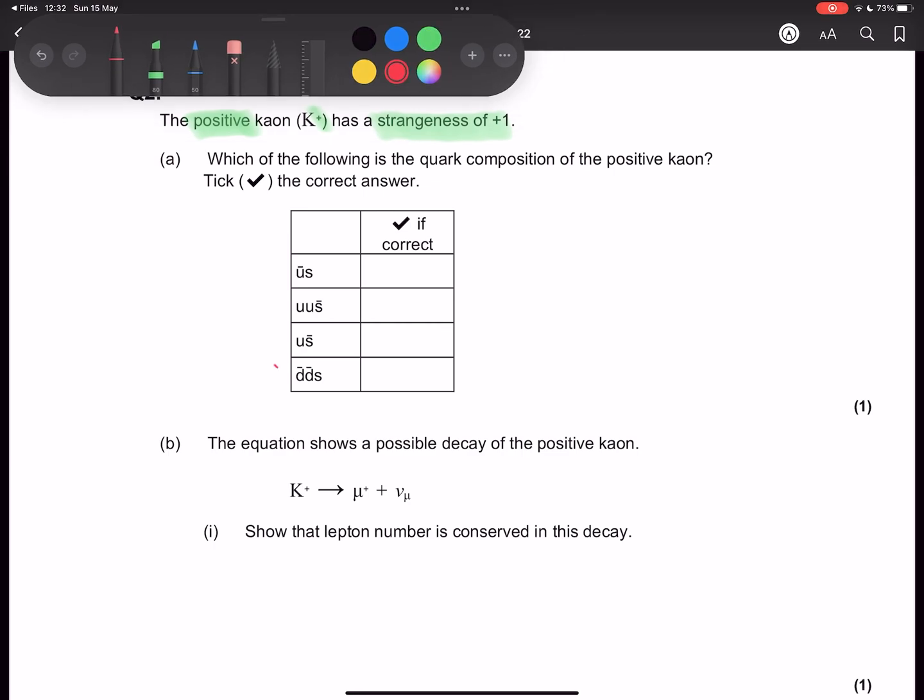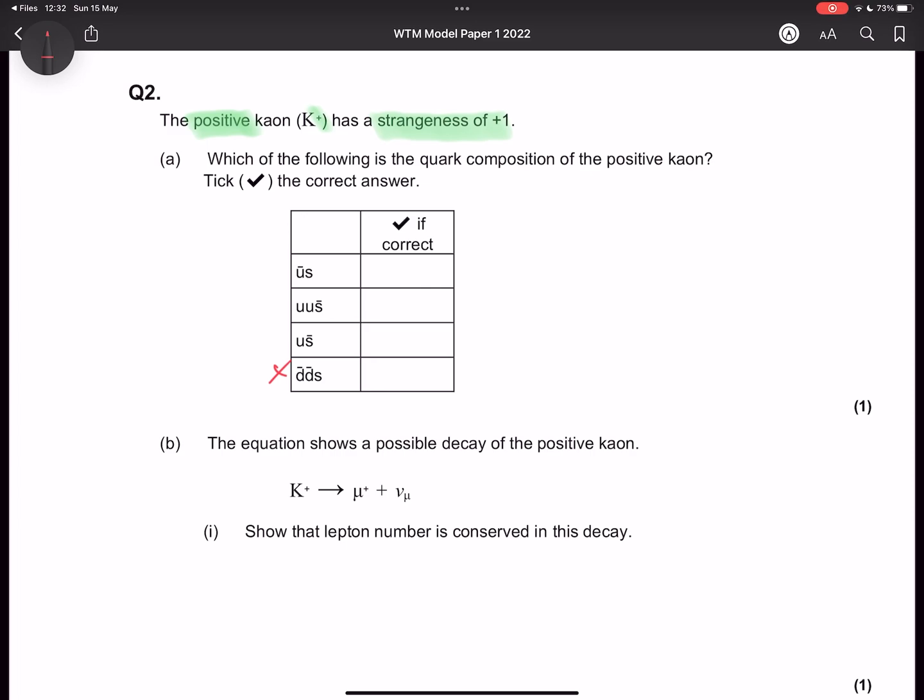Now the fact it gives a strangeness of +1 means you should always check your datasheet as to where strangeness comes in as a quantity. It will tell you that the presence of a strange quark makes something have a strangeness of -1. So this means we must have an anti-strange quark.